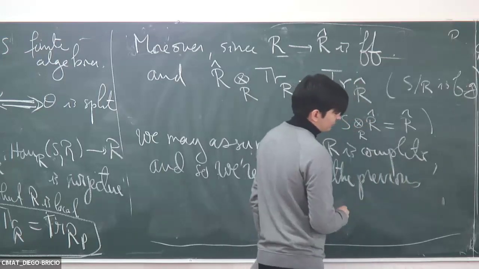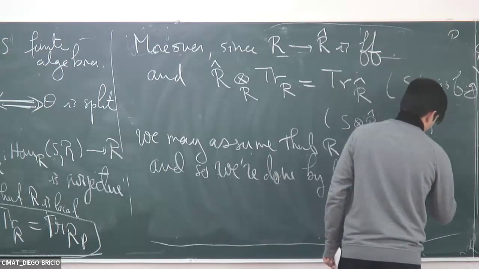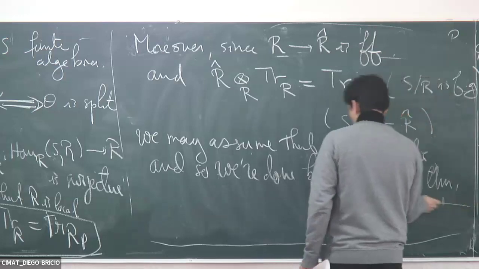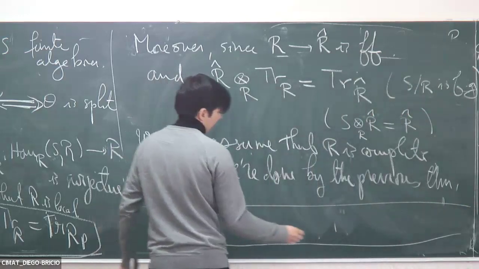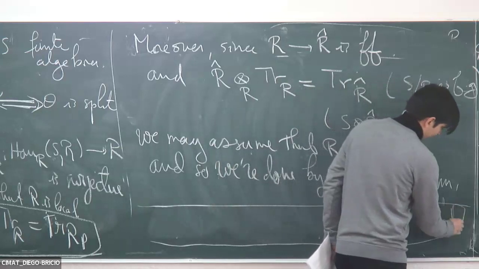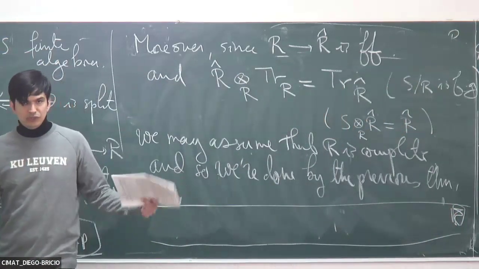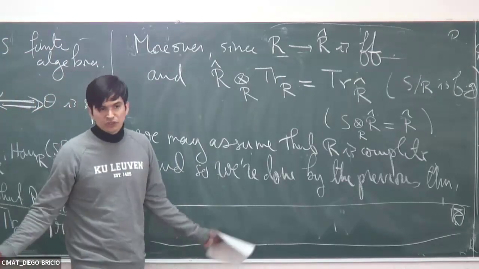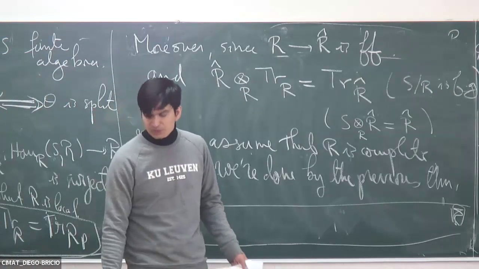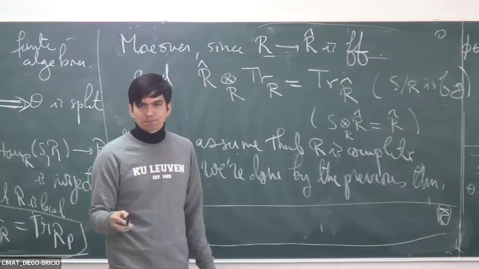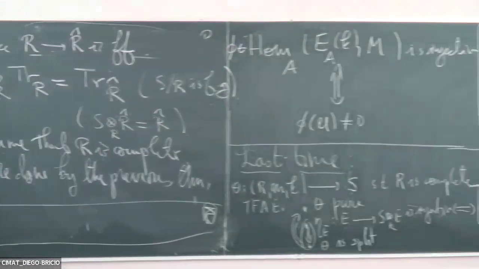I don't know if we call it theorem or proposition or what, but let's call it theorem. You see, by using that S over R is finite, you can just reduce to the complete local case, where it is just true. Any question with this?